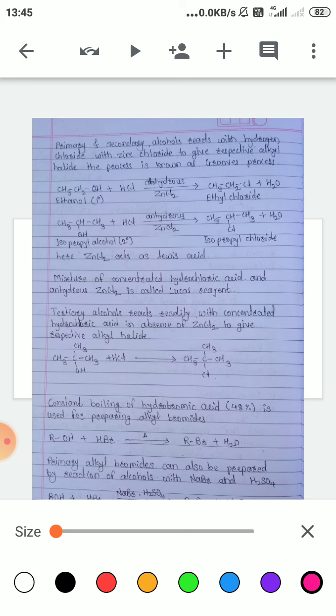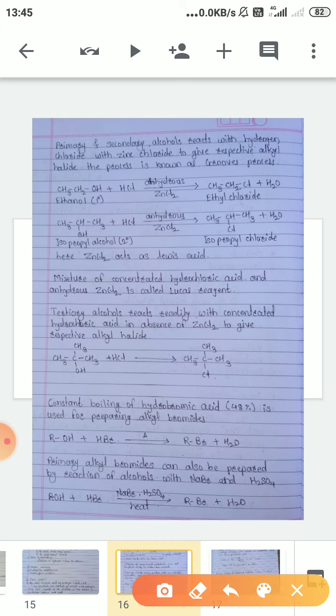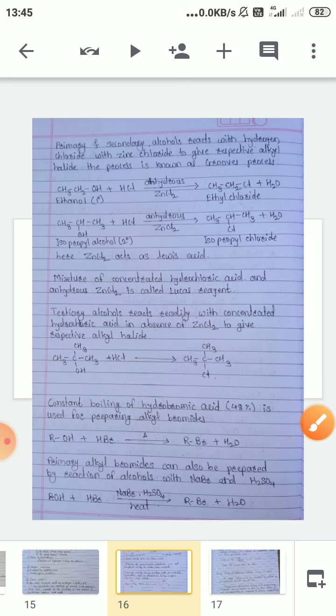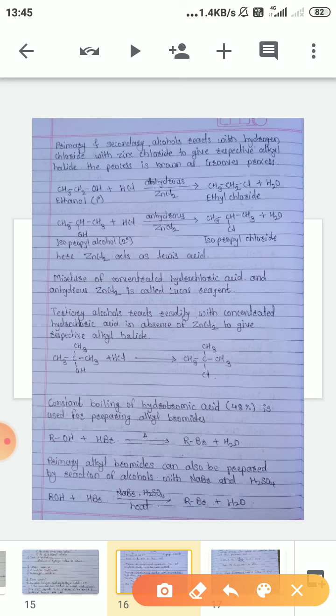Now, as the reactivity of tertiary alcohols is highest, tertiary alcohols can react directly with HCl to give tertiary halides. Next, if we want to prepare alkyl bromides, then direct heating of alcohols with 48% hydrobromic acid gives alkyl bromides.